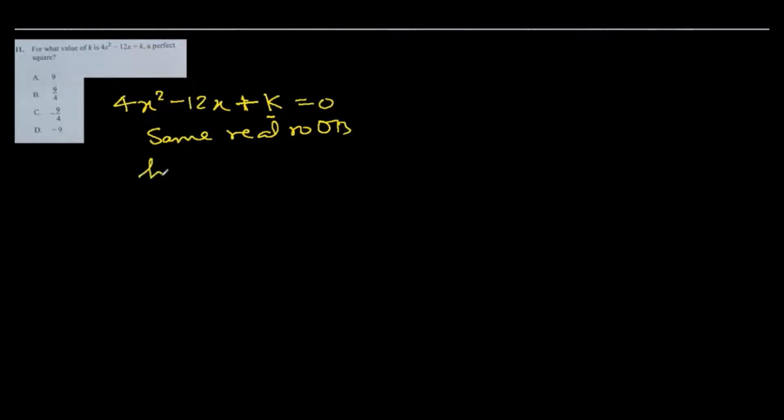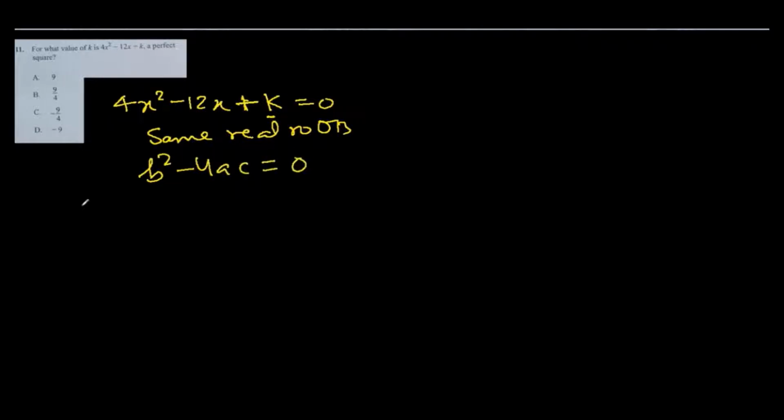In question number 11, they're saying that 4x squared minus 12x plus k is a perfect square. Find the value of k. So if somehow this is an expression only, let's make an equation. And perfect square means it has the same real roots, or equal real roots, two of them. So for that the condition is b square minus 4ac should be equal to 0.